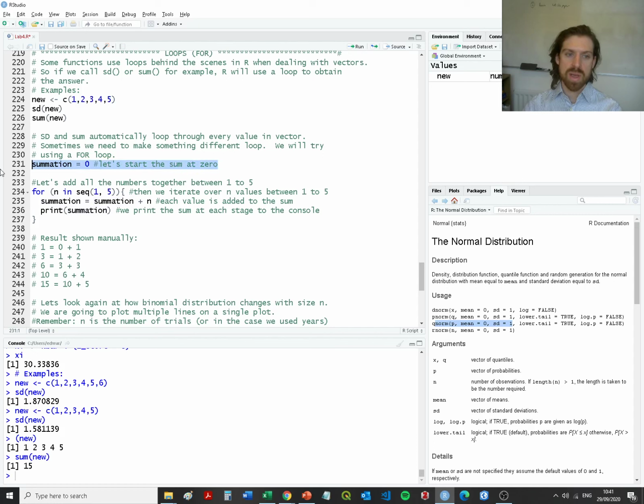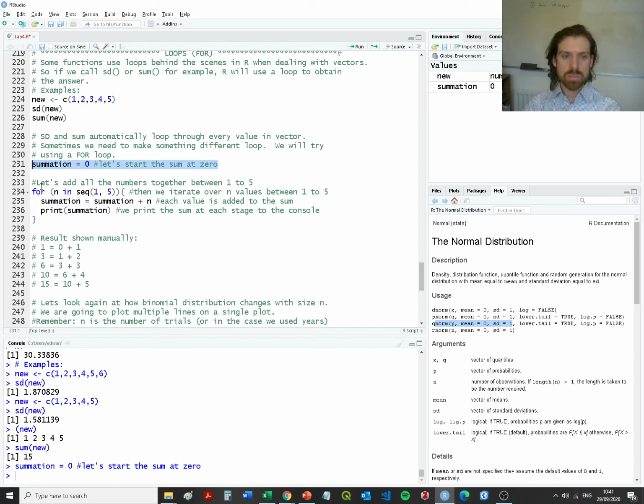So let's set the summation as 0, and now let's run through a for loop. What this is doing is saying for each value in a sequence between 1 to 5, do all the things within the curly brackets here. So when you see n, just imagine at each point in the loop it's going to go through number 1, number 2, number 3, and then all the way up to 5, looping through all the code.